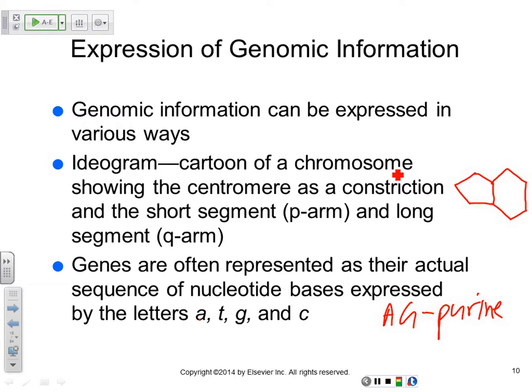So the purines will pair up with the shorter ones, cytosine and thymine, which are the pyrimidines. So you will never get a purine base pairing with another purine because they will be too long.